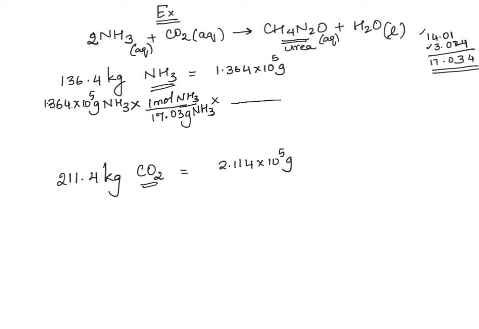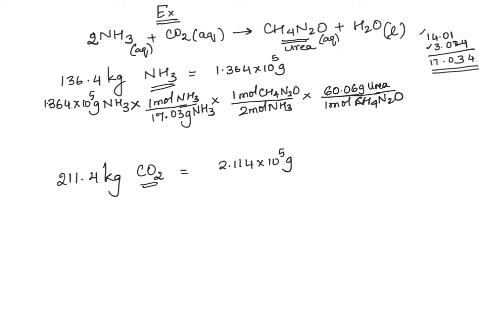And from the reaction, every 2 moles of ammonia produces 1 mole of urea. Every 1 mole of urea is 60.06 grams of urea.